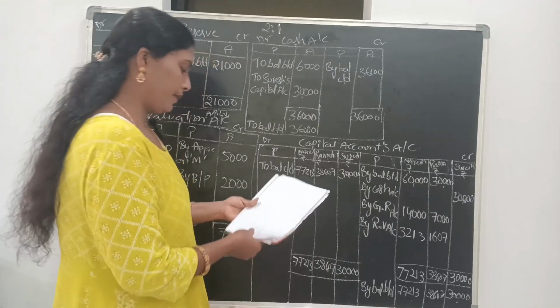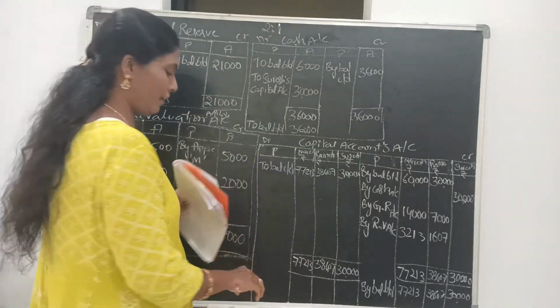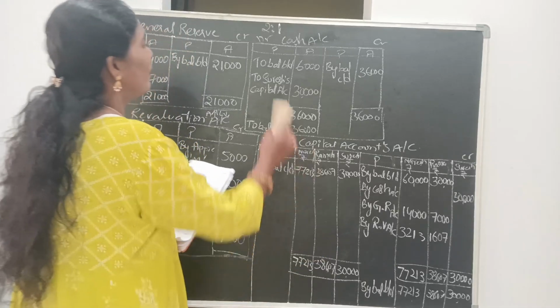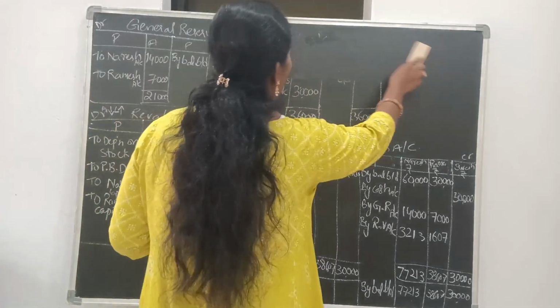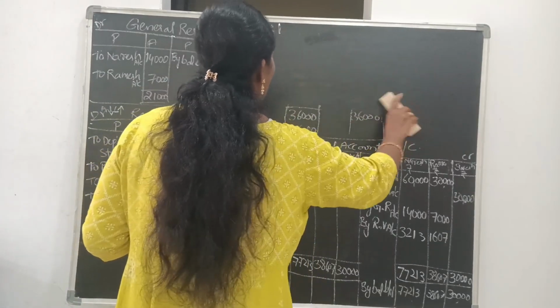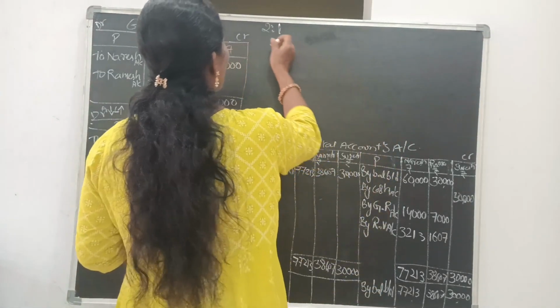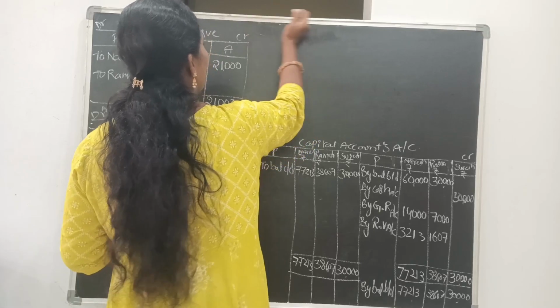Next, we are going to prepare the balance sheet finally. I will rub this cash part. Remember, the cash account is 36,000. Now finally we are going to prepare the balance sheet.